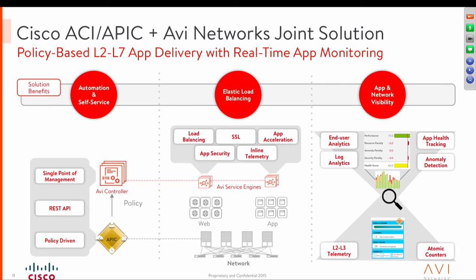So ACI can keep track of what communications are going on at a network layer between various layer 4 ports or between various layer 3 endpoints, in terms of the traffic statistics, any congestion that might have been seen, and any bottlenecks that might have been identified in the network. The APIC, which is the controller in the environment, gathers all of this rich set of information from the ACI fabric and makes it available to the users through our dashboard.